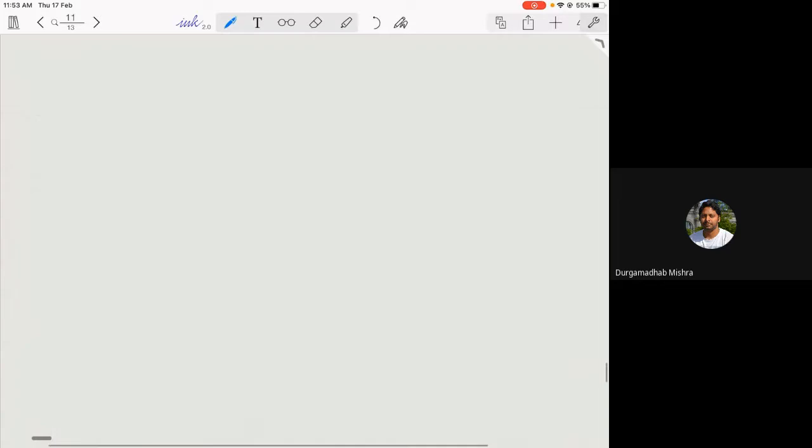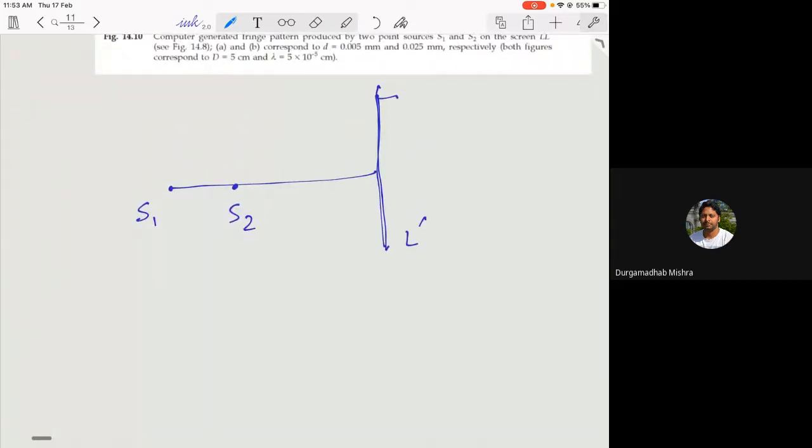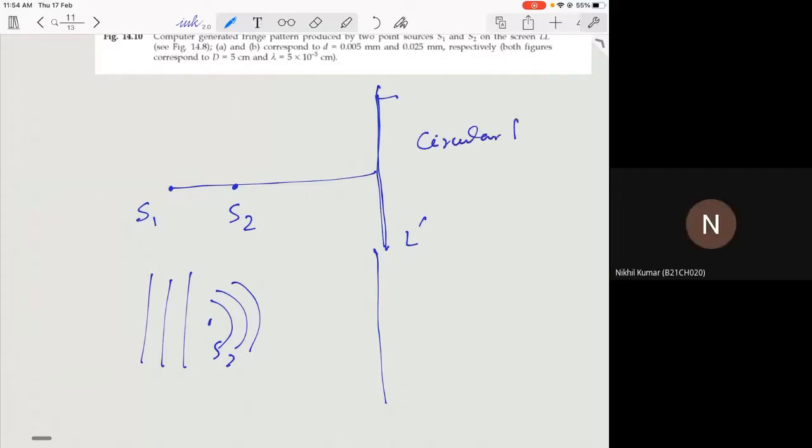Now instead of this configuration, if you have a plane wave and a spherical wave here, what would happen? Will there be an interference or not? If I take a combination of plane wave and spherical wave, there will still be interference.